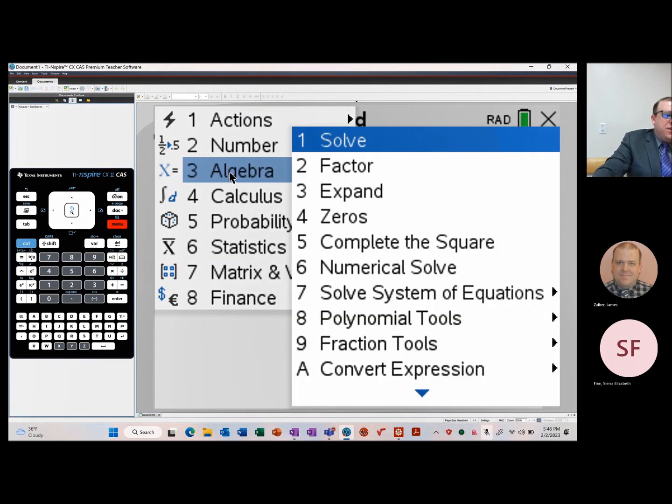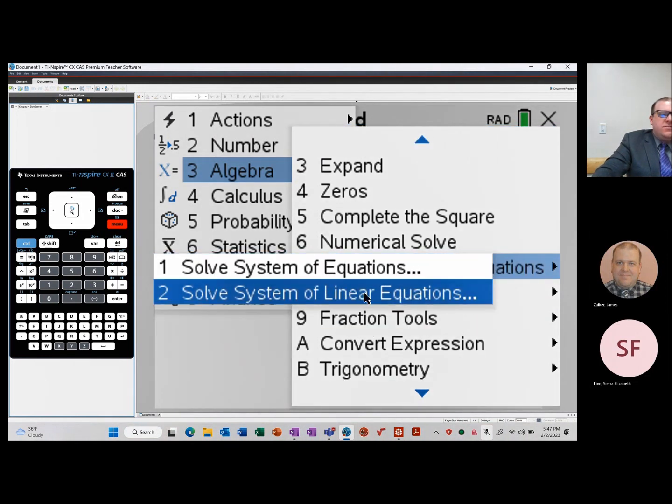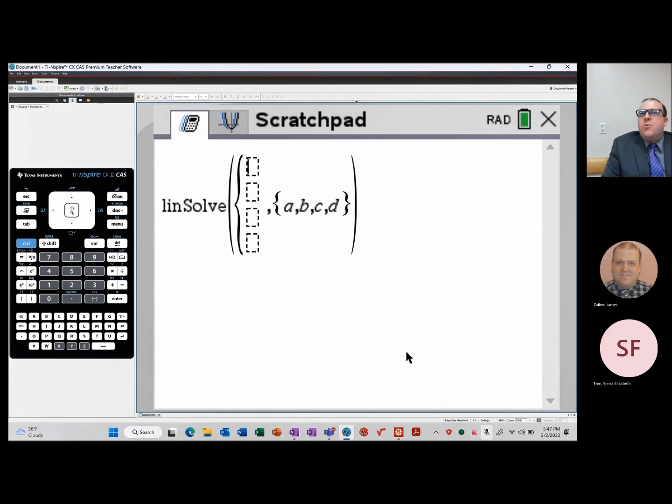In the calculator menu, algebra, solve system of equations, solve system of linear equations. It's going to ask you for the number of variables. In this case, we have 4. It's going to ask you what the variables are. A, B, C, D, then just hit OK. And then you just fill in the equations. I am not going to do that because I'm going to do it in Mathematica. I'm just showing you how to do it on your calculator.